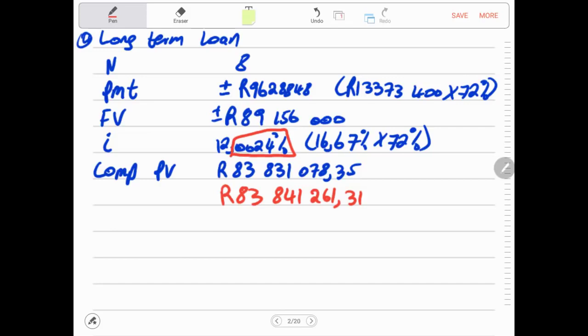So this is at 12% exactly, not 12.0024. But the rounding off will definitely not be an issue as far as I know.